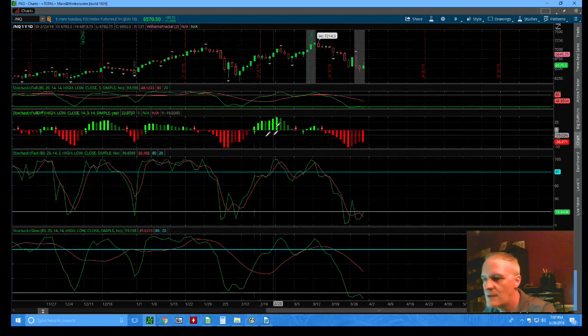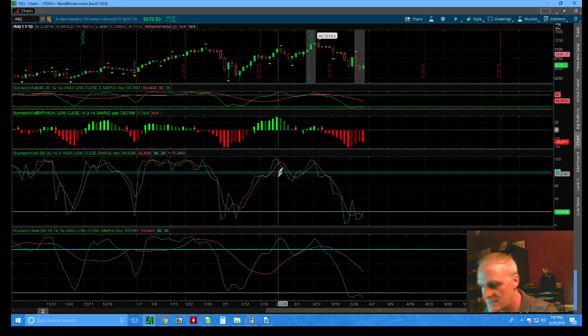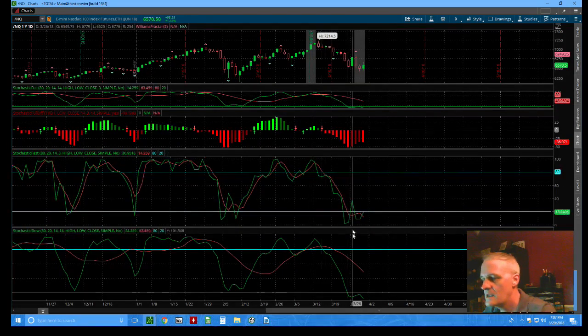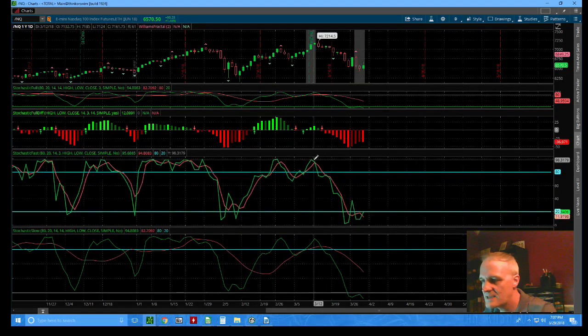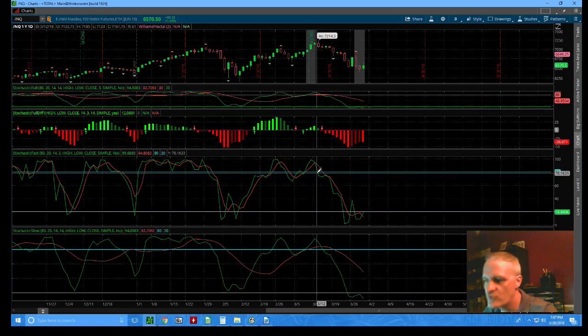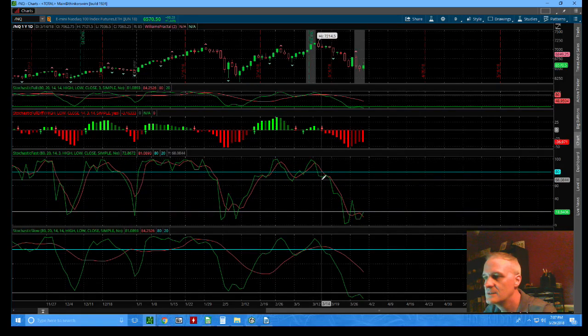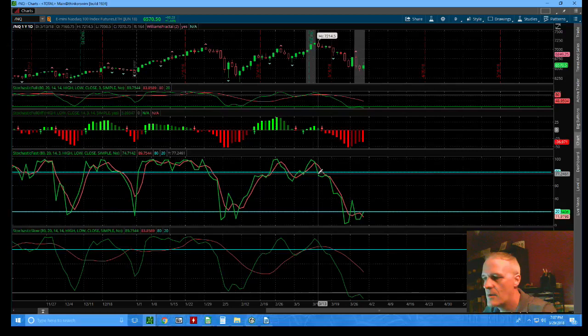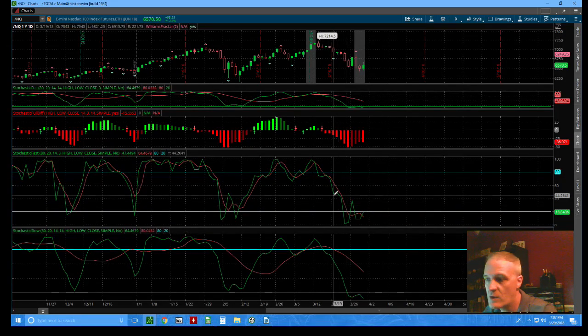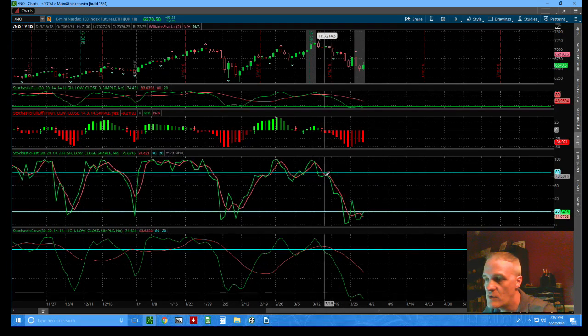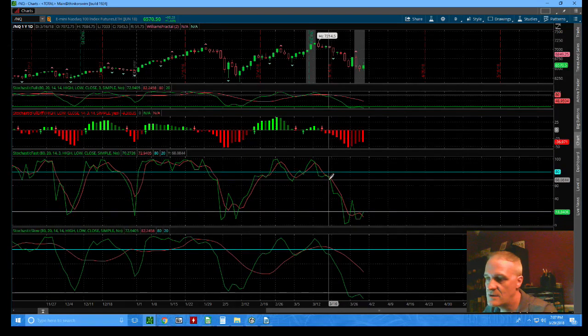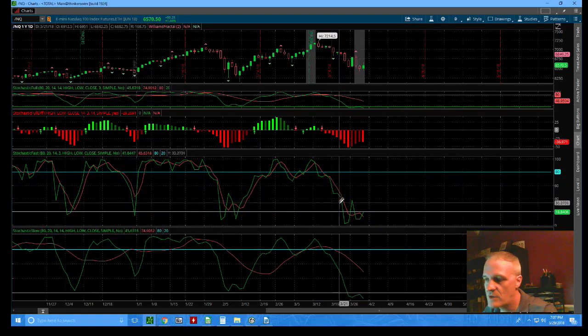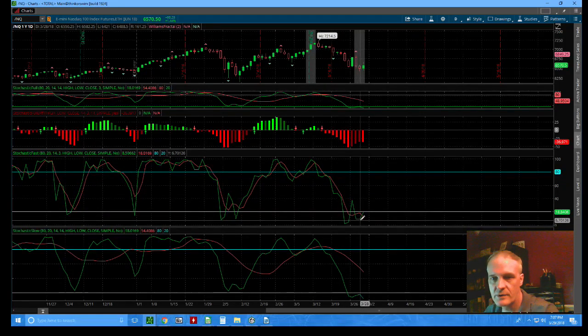So I would say that the stochastic fast indicator is probably okay to use with this crossover as an entry to get into the trade. But then you might want to use something else as an exit. You might want to ignore these crossovers if you still see that your plots are moving downward towards oversold.